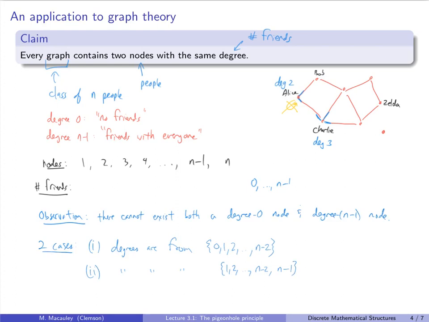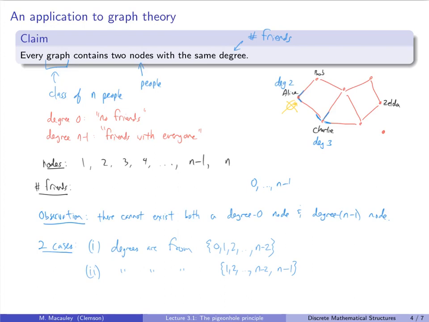And of course, maybe all the degrees are 2 or 3. Both of these are possible. So I'm not saying these are mutually exclusive, but given any graph, we can always pick at least one of these to be the case and stick with it.